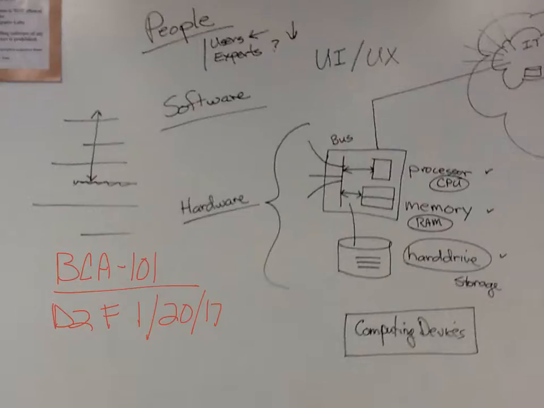We talked about some key things inside all computing devices. They all have some type of a processor that does the actual processing of the instructions. They have memory, where the instructions are stored, and then where the instructions are held temporarily while being processed.